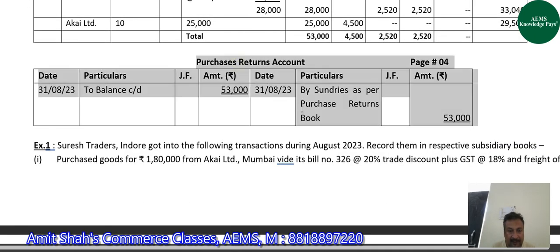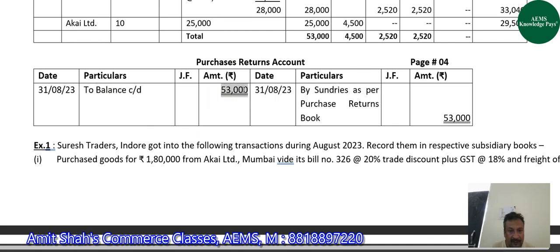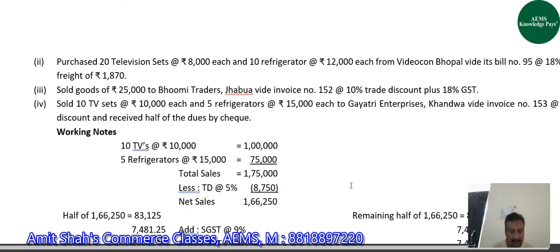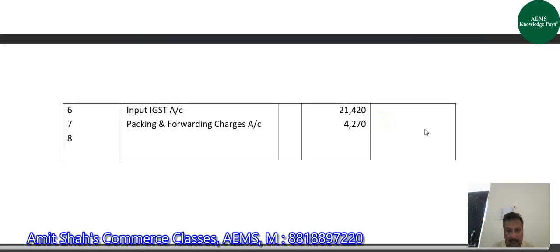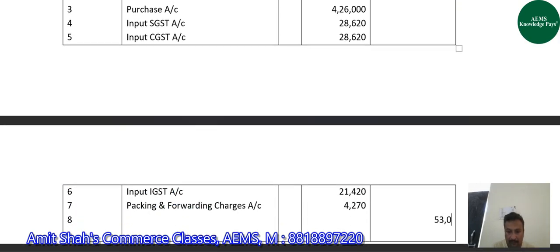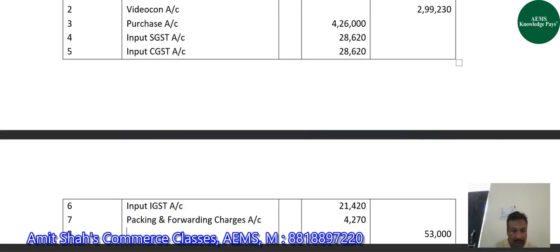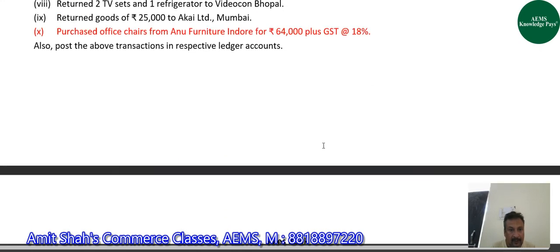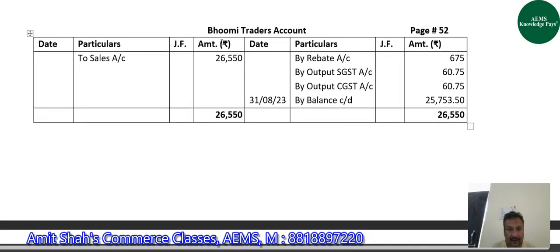Then we have purchase return account which has a trade balance of 53,000. Then we have Bhumi Traders account which has a debit balance of 25,753.5.